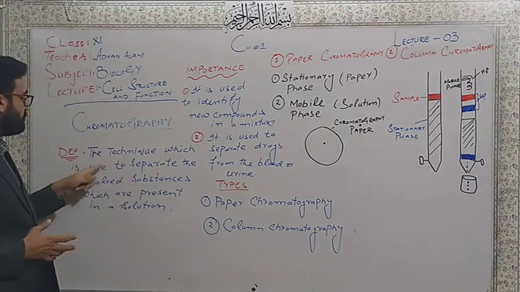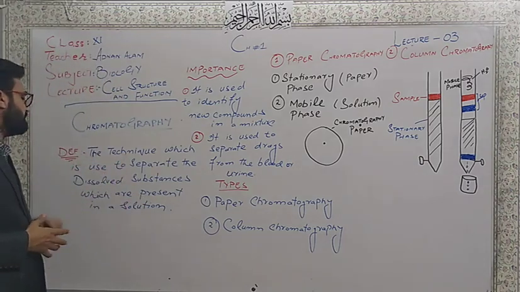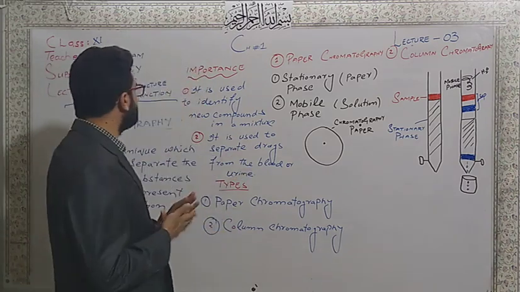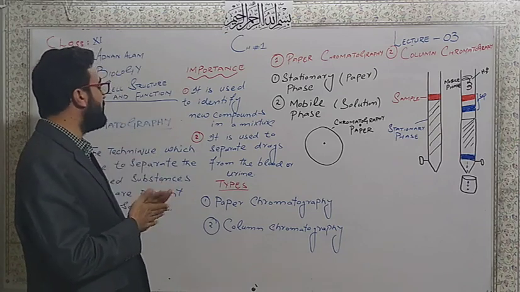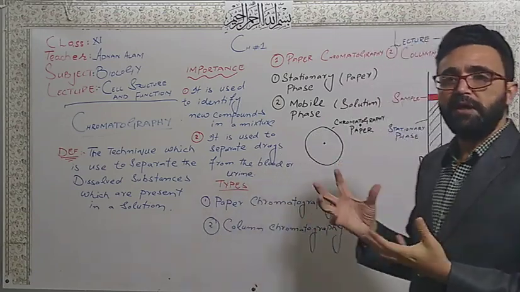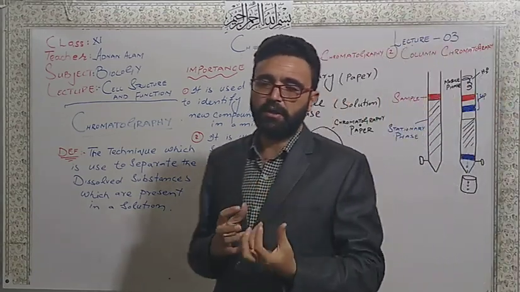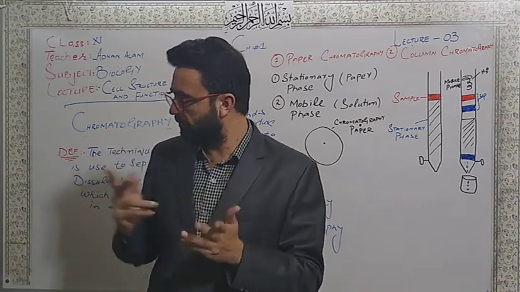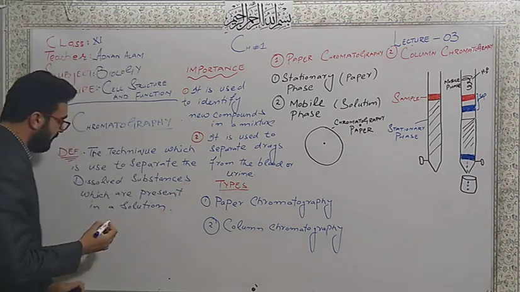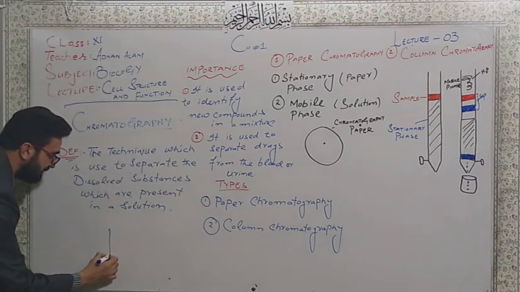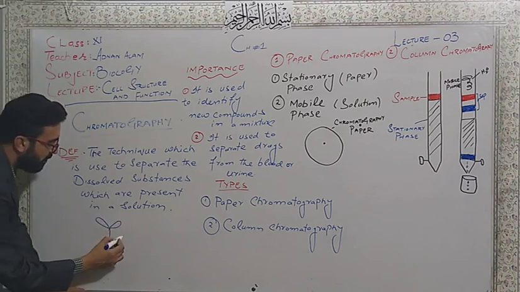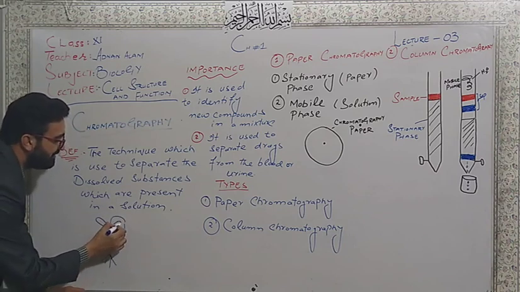This is the technique which is used to separate the dissolved substances which are present in a solution. Now, what is the importance? It is used to identify new compounds in a mixture. For example, if we get a compound from plants, we will take an example. We have this plant and we want to find out what compounds are present in the leaves of this plant.